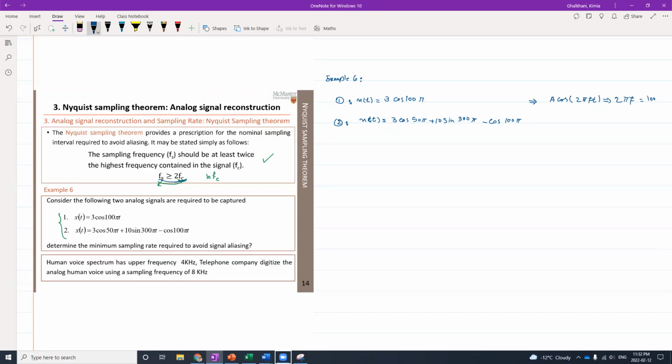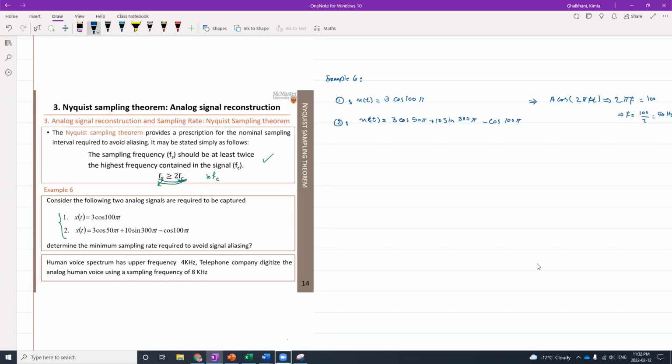So then how to calculate the f? It simply is 100 over 2, which is 50 hertz, right?